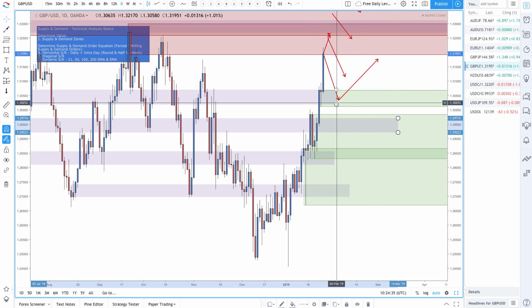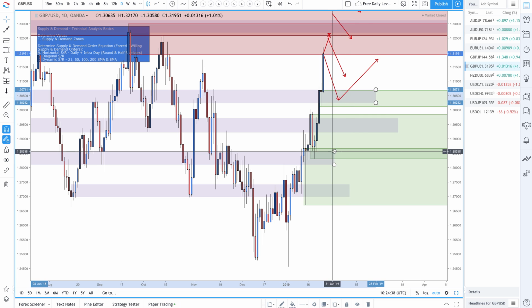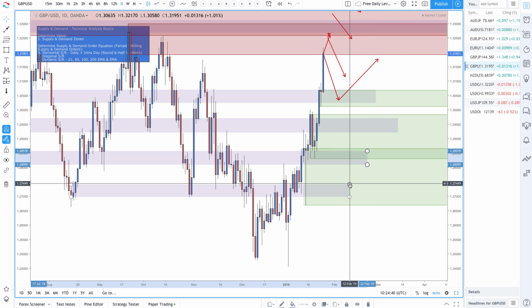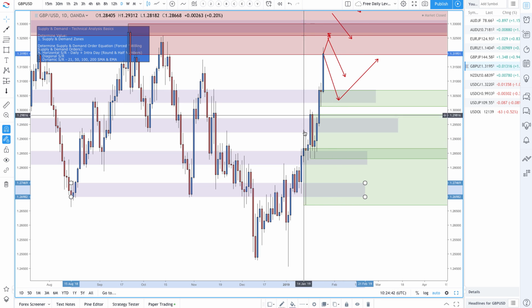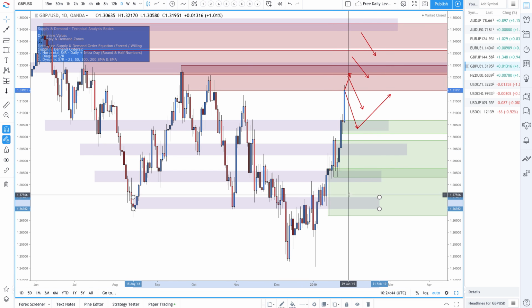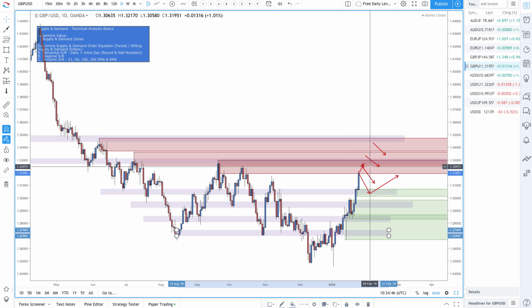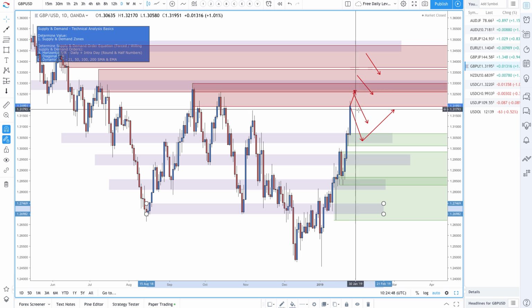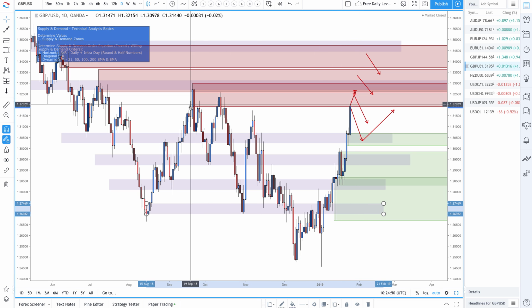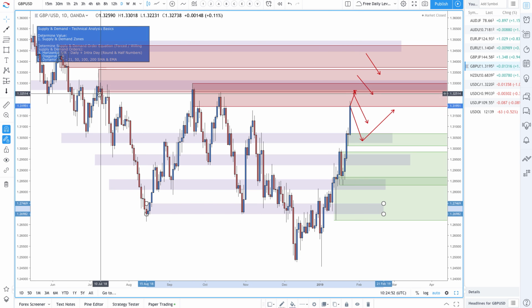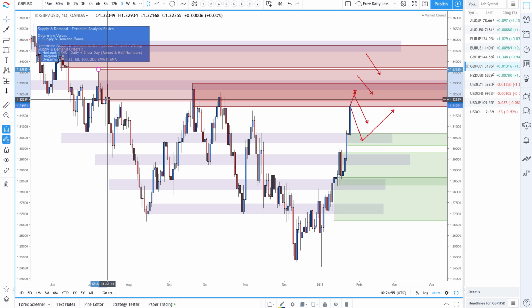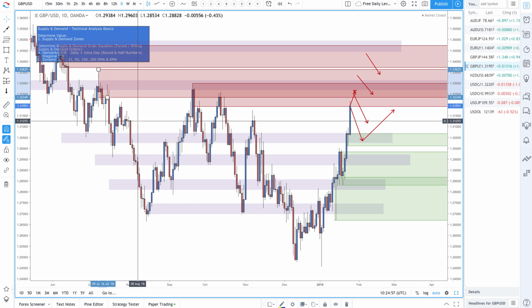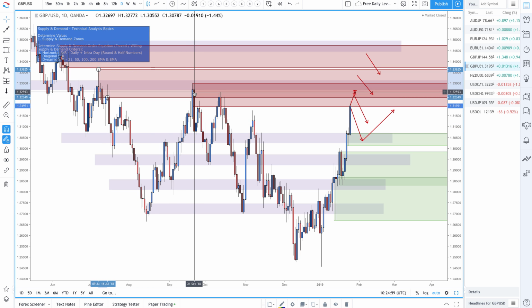So these are pretty much your areas to potentially look for long trades within this larger area of demand, and there's your areas to look to potentially get short. But again, just remember that if we're taking supply from it would have been this area here. We have touched it once, twice, right?